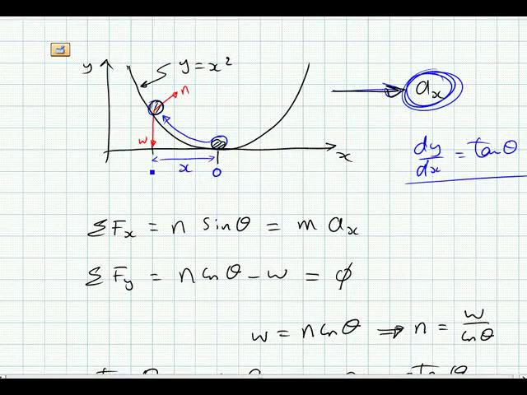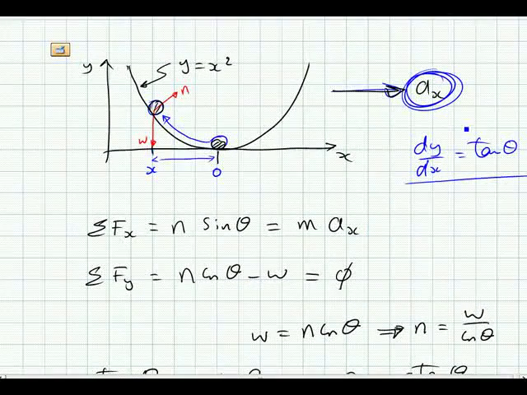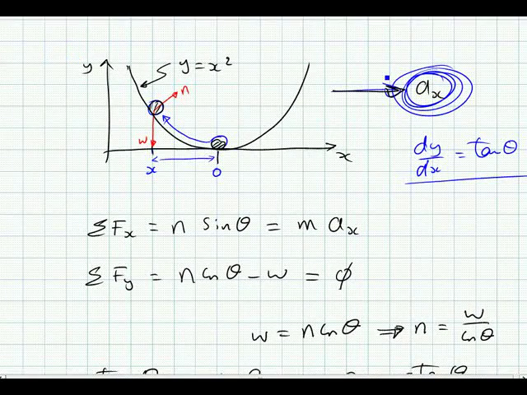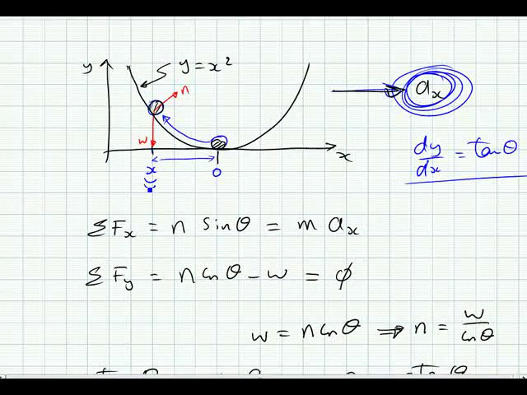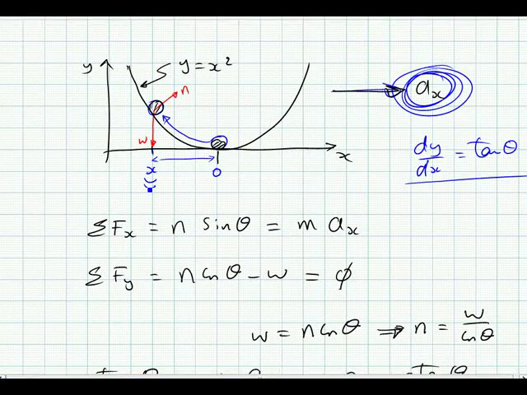So if we move from 0 to position x, what is the relationship between a_x, this acceleration here, and how far to the left the object moves as a result of the applied acceleration?